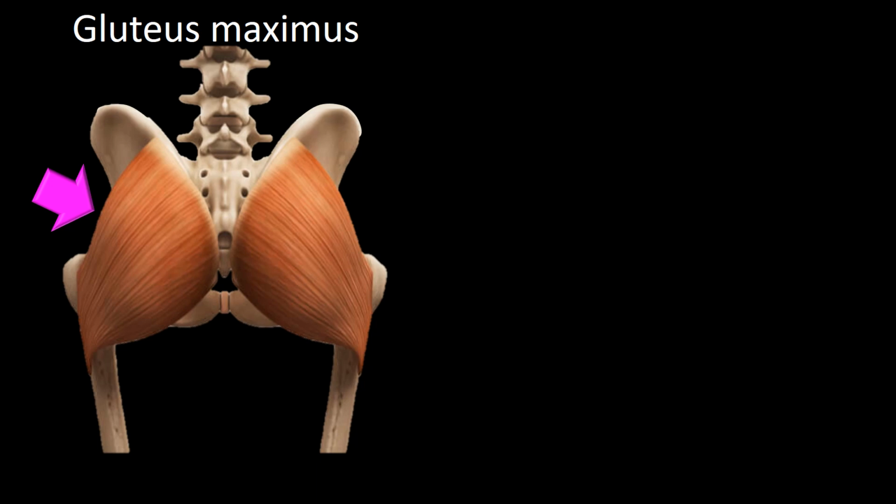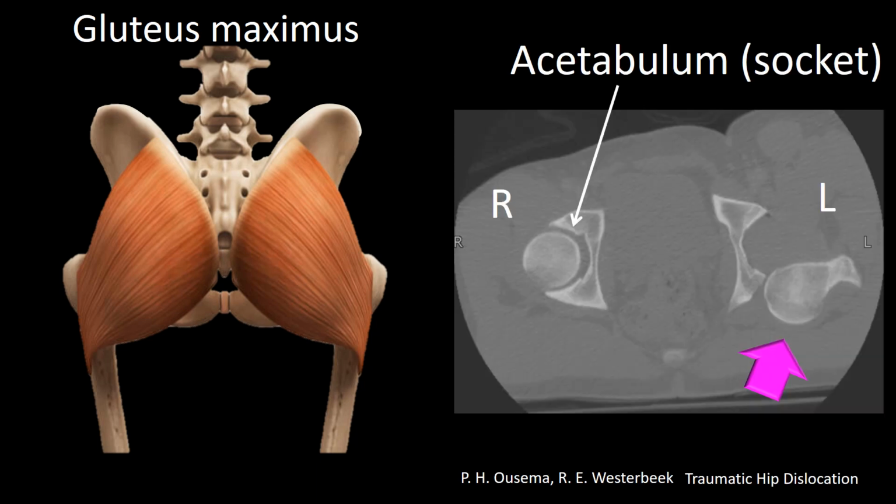The gluteus maximus weakness produces difficulty climbing stairs, rising from sitting position, and loss of hip extension. Injury to the inferior gluteal nerve often occurs with posterior dislocation of the femur head in relation to the acetabulum, as you can see in the CT presented here.